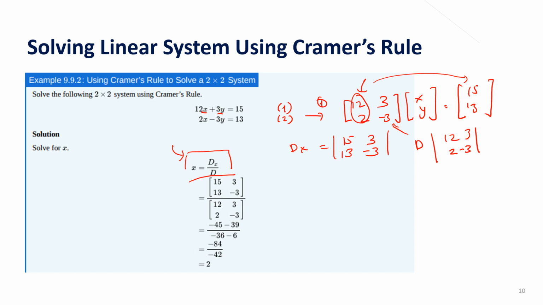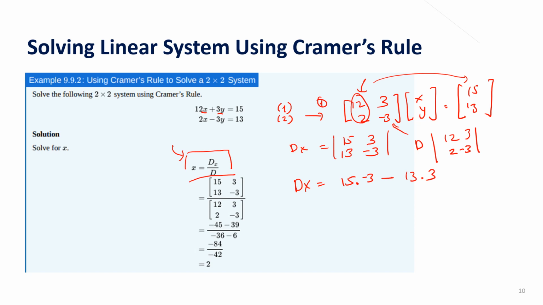Okay, and then you calculate it here. To calculate determinants, I hope you still remember, dx will be equal to 15 multiplied by minus 3, and then minus 13 multiplied by 3.